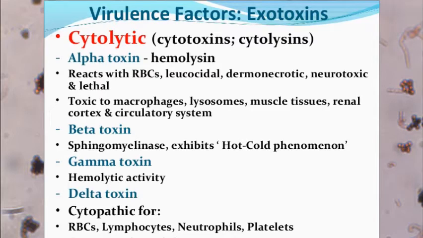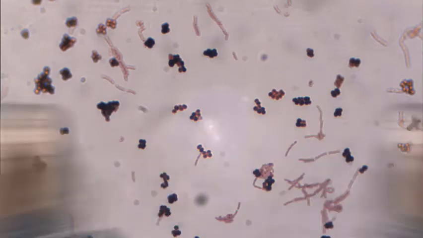It integrates into the host cell membrane, causing the formation of pores, and so the efflux of potassium and the influx of sodium and calcium, and so the osmotic swelling and the cell lysis. It also causes septic shock, so it is really dangerous.